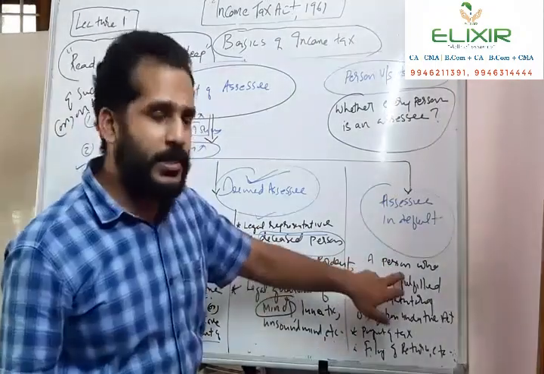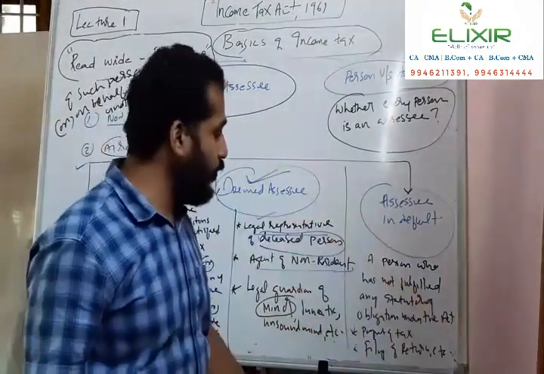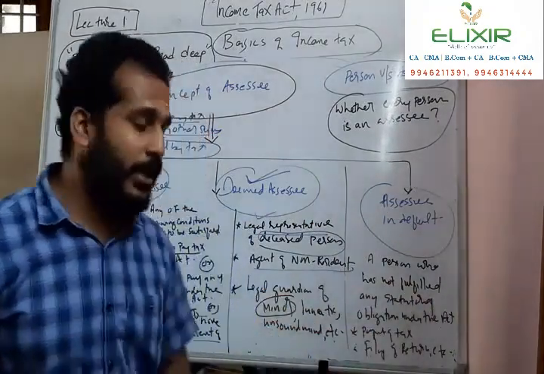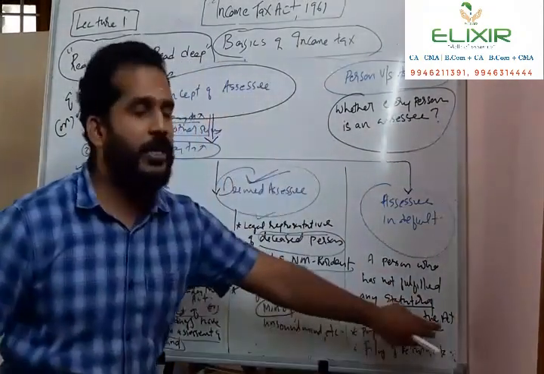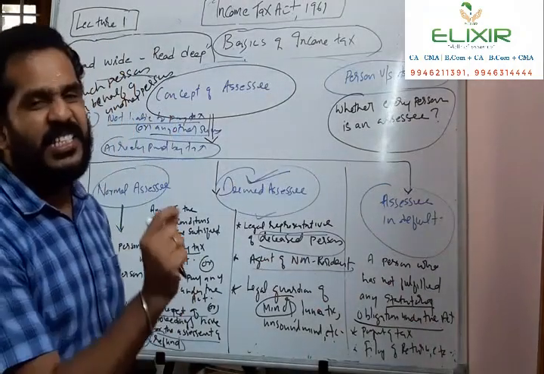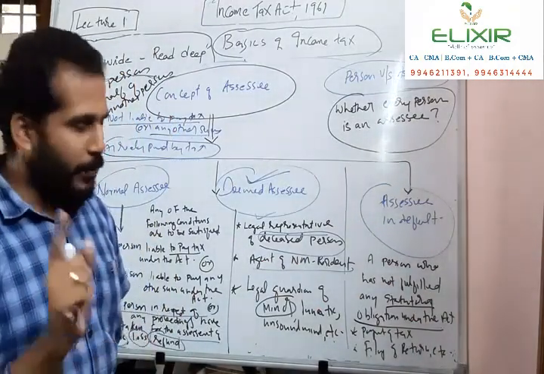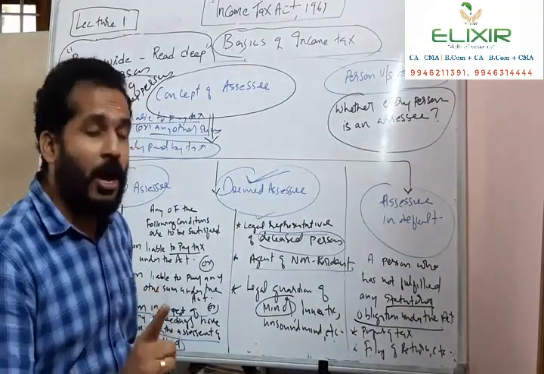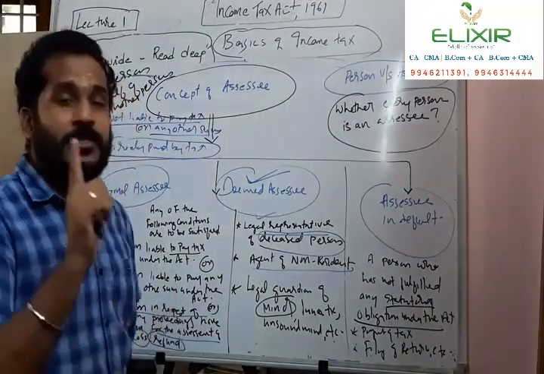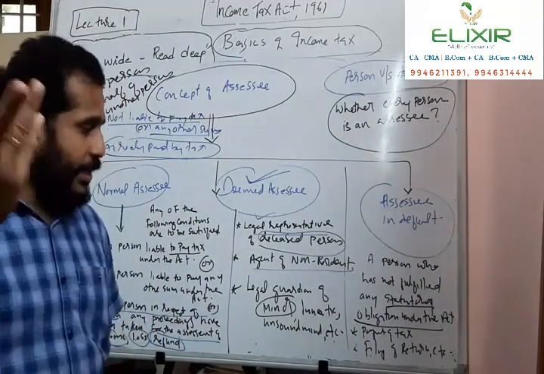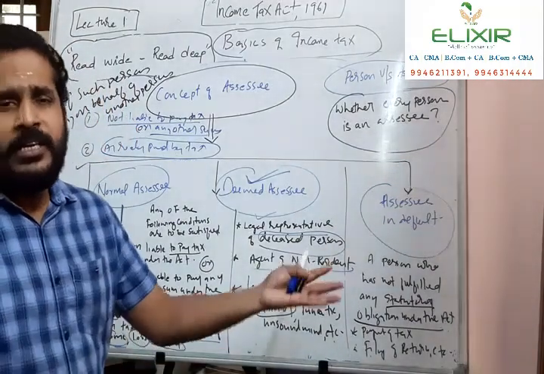Okay, so a person who has not fulfilled any statutory obligation under the act is termed as assessee in default. Repeating, a person who has not fulfilled any statutory obligation under the act is called assessee in default. Example, payment of tax, he has not paid any tax.